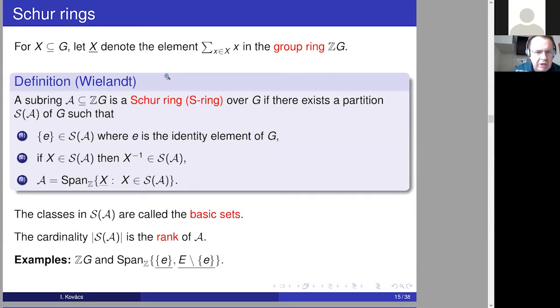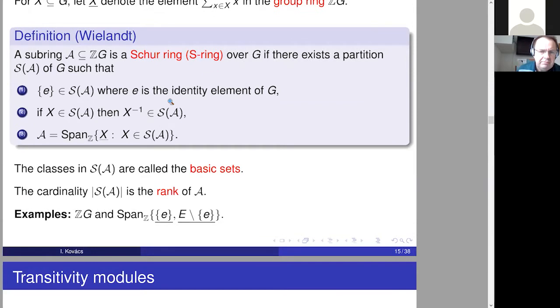Now a Schur ring is just a subring of the group ring, if you can find a partition S of the group such that the set containing the identity element belongs to the partition, for any class its inverse is also in the partition, and the group ring elements corresponding to the classes generate your ring.